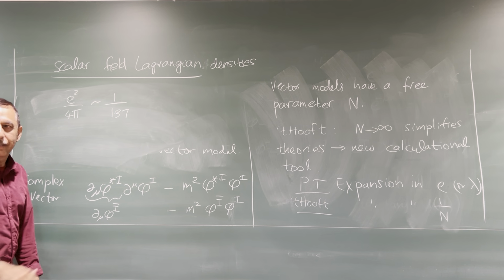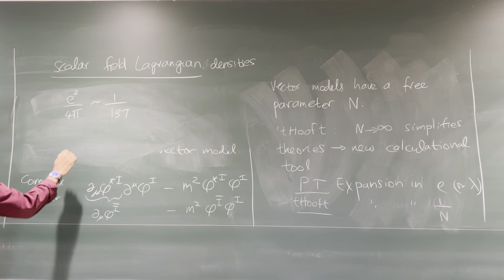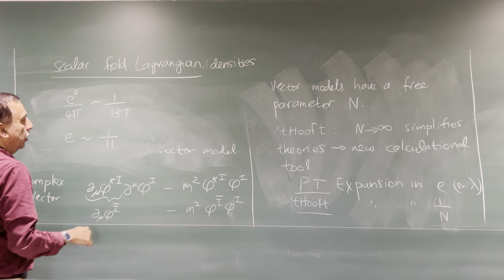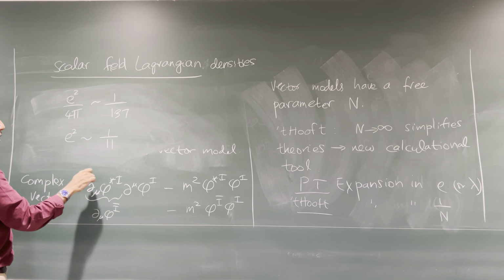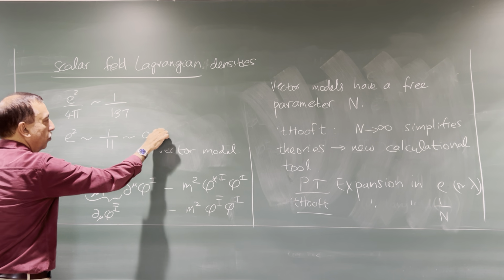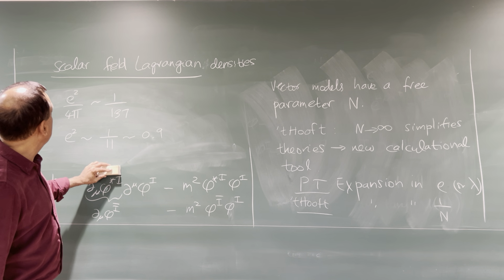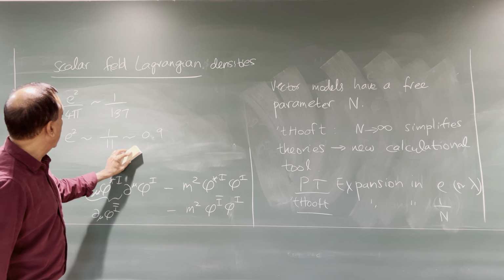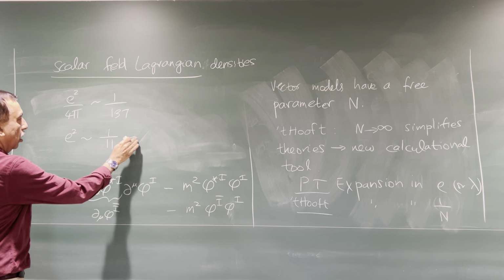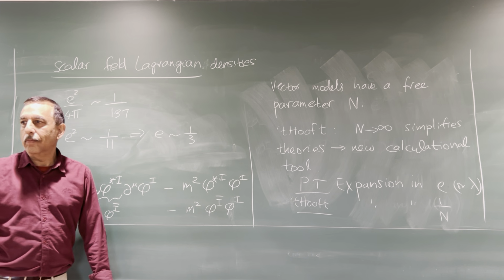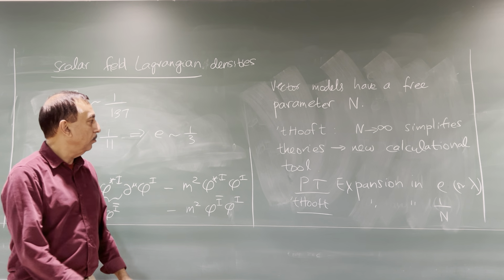This is the fine structure constant. So let's solve for e. It's about 1 by 11, that's about 0.9. And therefore e is about 1 by 3 point something.